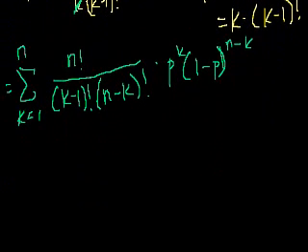And let's do another simplification. Now, we kind of know where we're heading, right? This should simplify to n times p. So let's see if we can factor out an n times p, and then turn everything else into a 1, and then we would be done.